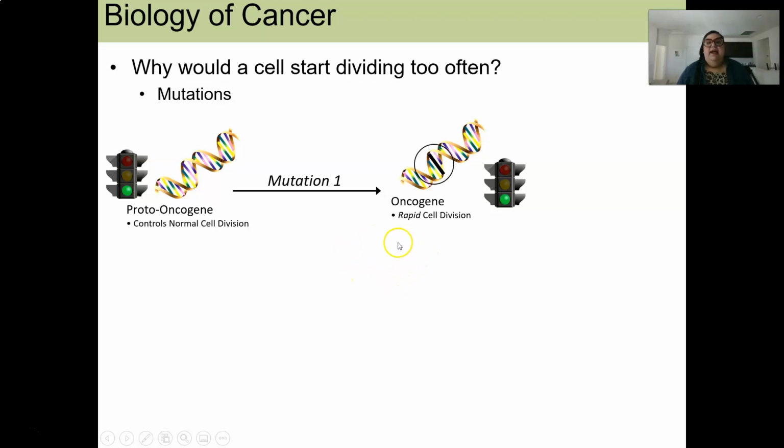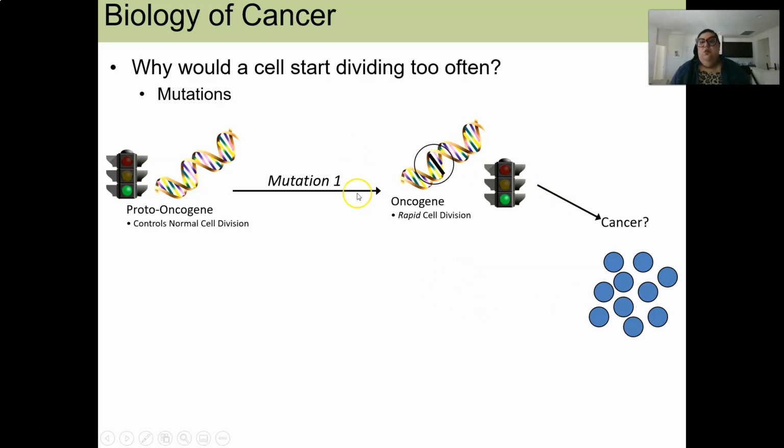And it now becomes an oncogene, which turns it on permanently. And it says, go ahead and divide. Just keep dividing the cell. So that it is now just completely a green light. So the cell is turned on for division. Well, then you would get cancer.